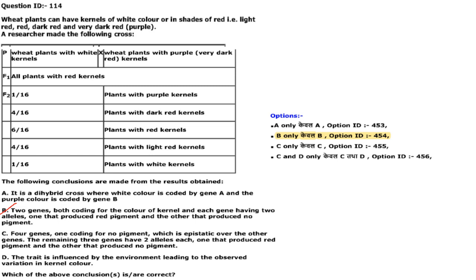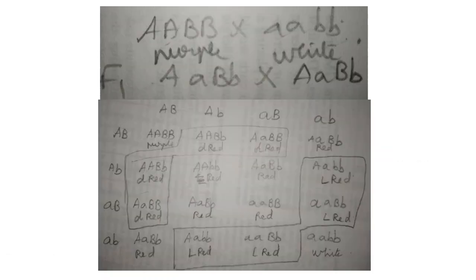Now I have done the Punnett square for this dihybrid cross, and it is given in the next slide. I will show it. So this is the individual, that is AABB, that is purple, and small a, small b is white, and these are the F1 offspring, and if you cross F1, you will get F2 individuals where capital A, capital B is purple color.